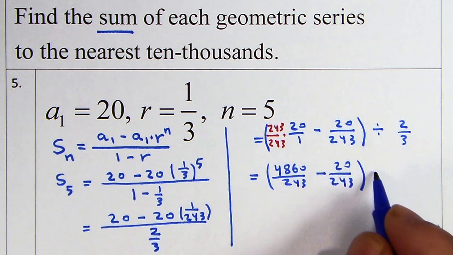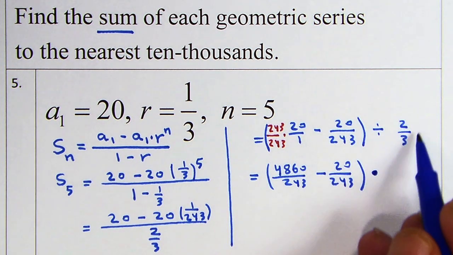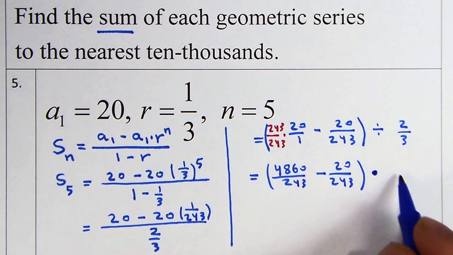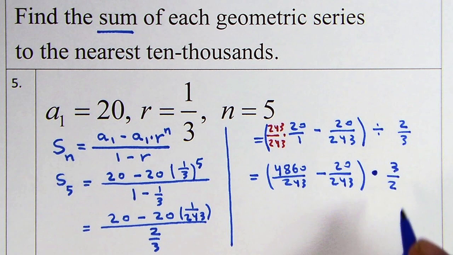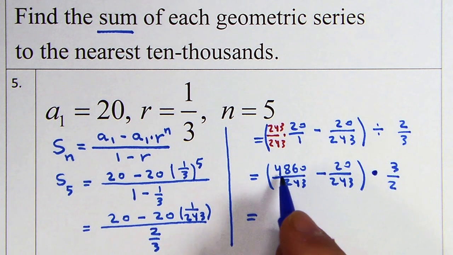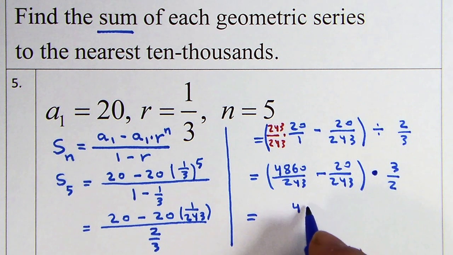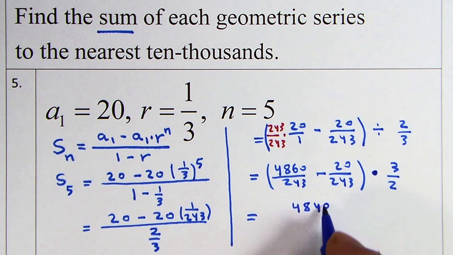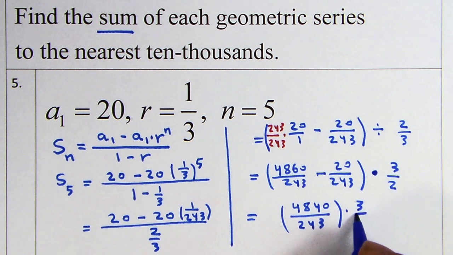Instead of divide, we could change it to multiplication, but we have to take the reciprocal of 2/3, becomes 3 over 2. That becomes 4,860 minus 20 is 4,840 divided by 243 multiplied by 3 over 2.